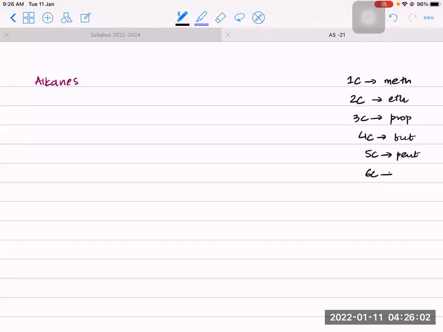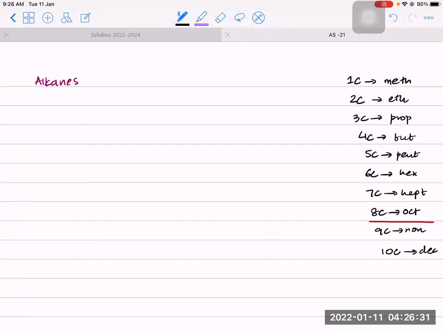Six carbons is hex. Seven carbons is hept. Eight is oct. Nine is non. Ten is dec. You don't really need to know 9 and 10. You need to know naming up till 8 carbon atoms.